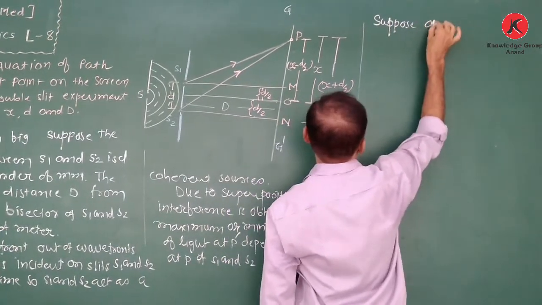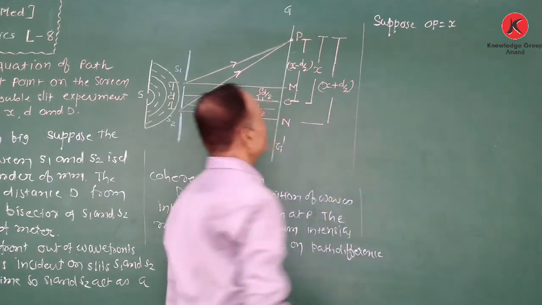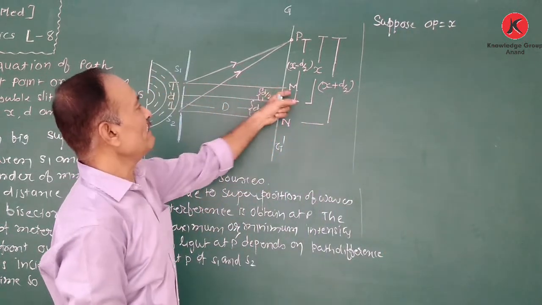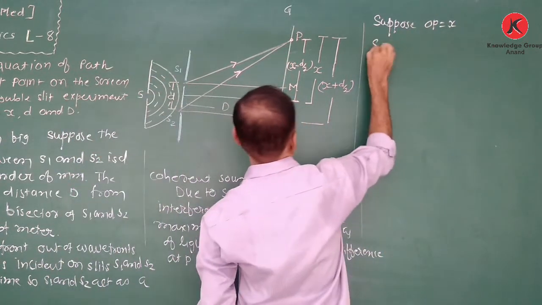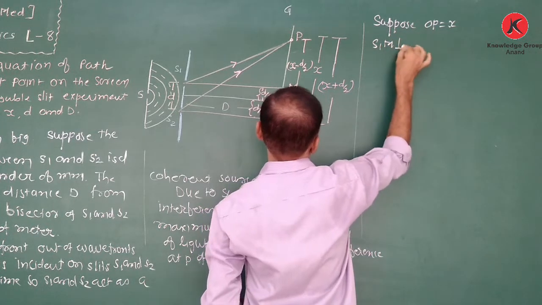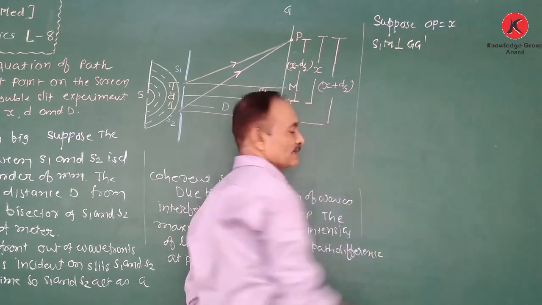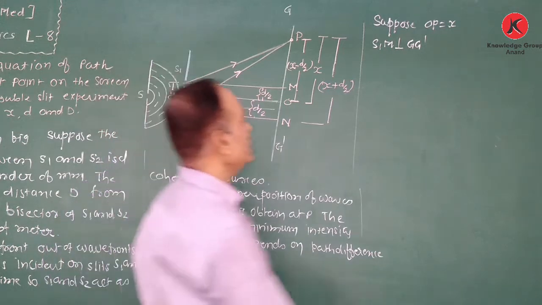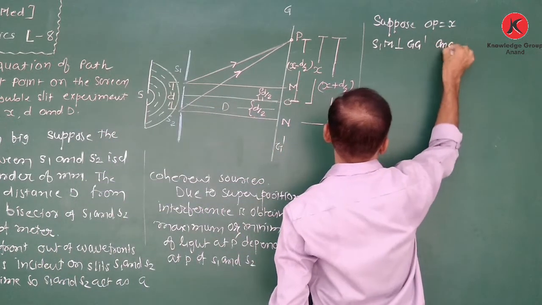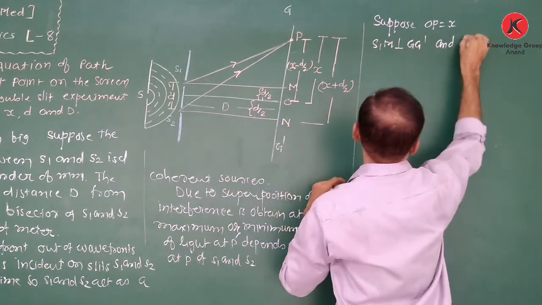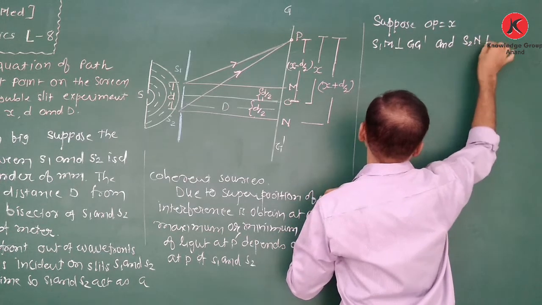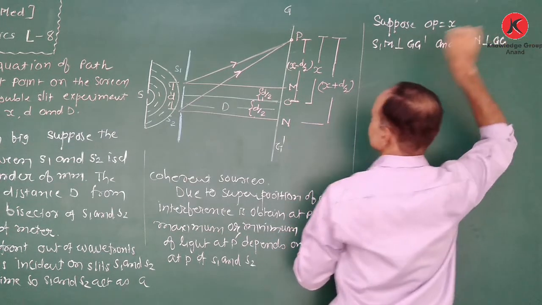Suppose OP is equal to X, and S1M is perpendicular to the GG dash, that means perpendicular to the screen, and S2N is also perpendicular to the GG dash.